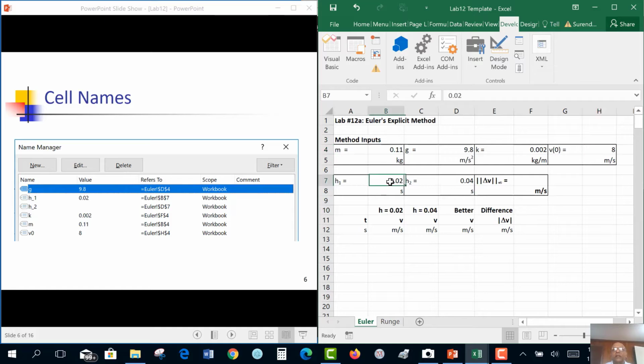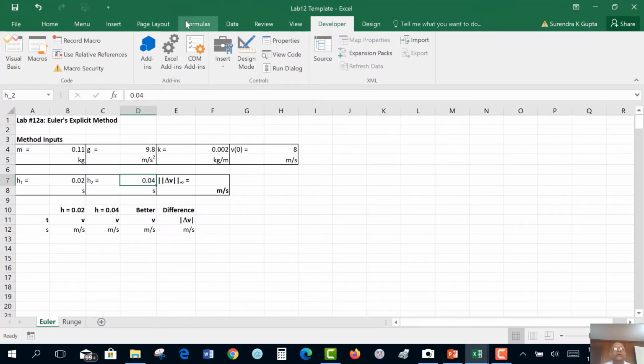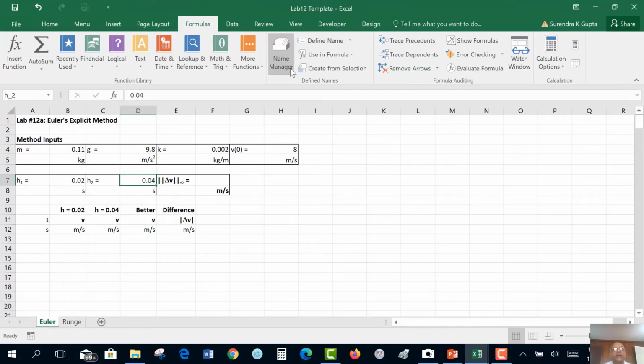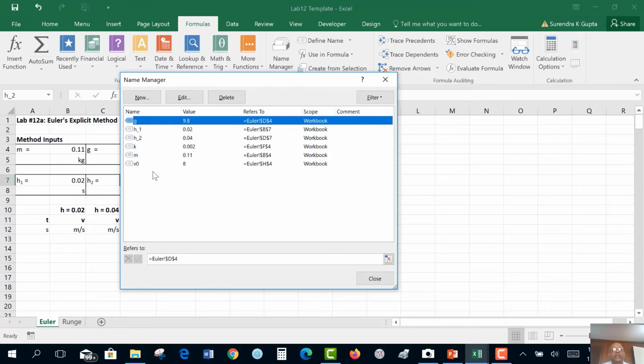This is H1, but we can't use H1, so I'm going to use H underscore 1. And this is H2, H underscore 2. Okay, always a good idea. Go, formula, name manager. So we have 6 names.